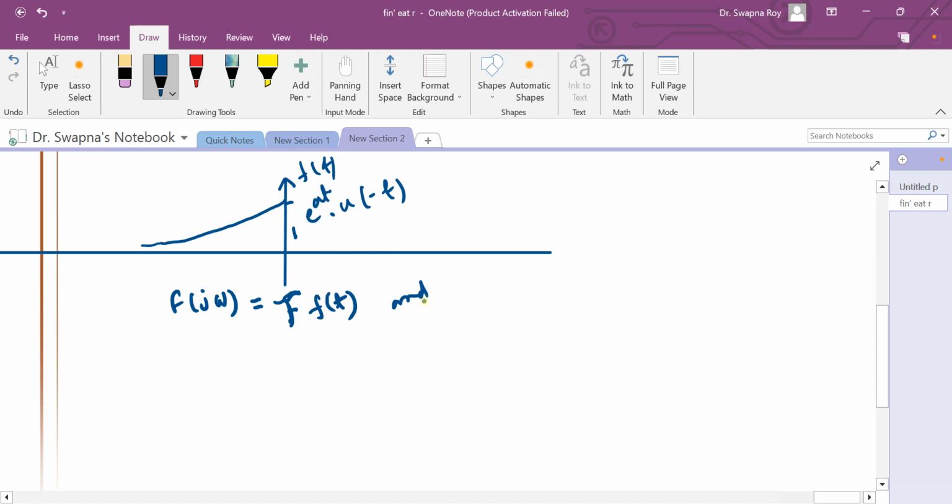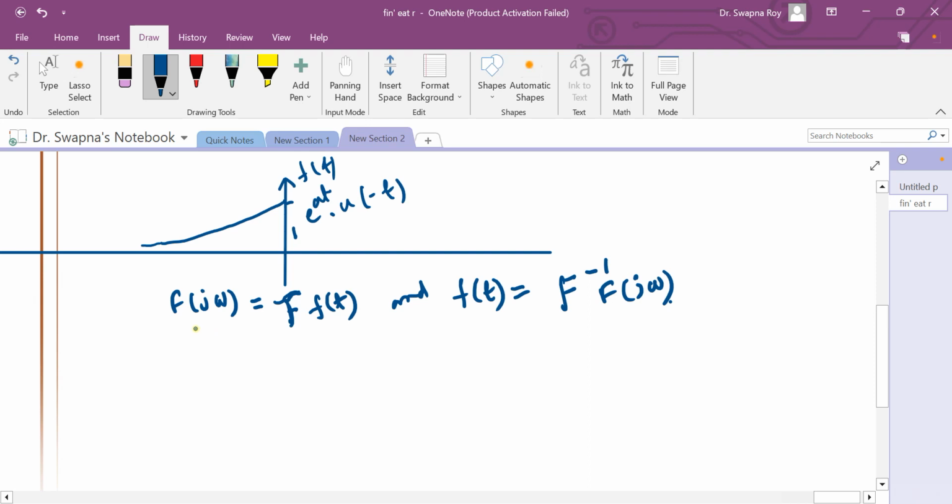And we can return the time domain function f of t is equal to inverse Fourier transform of F j omega.